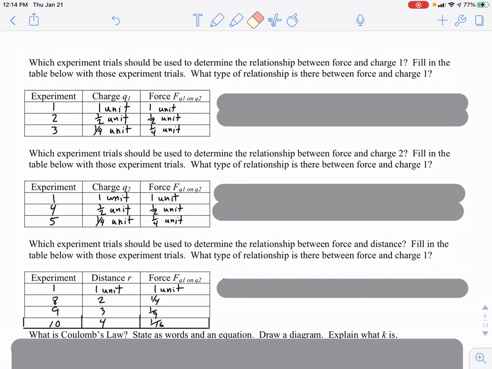We can see that charge 1 was cut in half for experiment 2, and then cut to a fourth for experiment 3. And we saw from the results in the data table that the force of charge 1 on 2 also was cut in half when the charge was cut in half, and the force was cut by 4 when the charge was cut by 4.